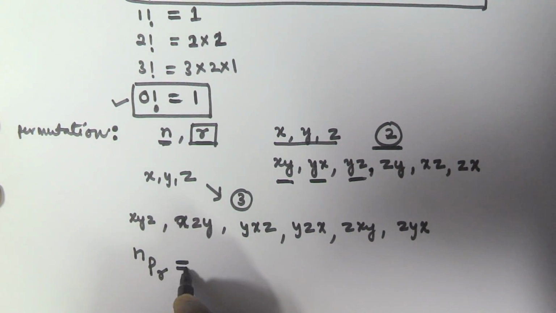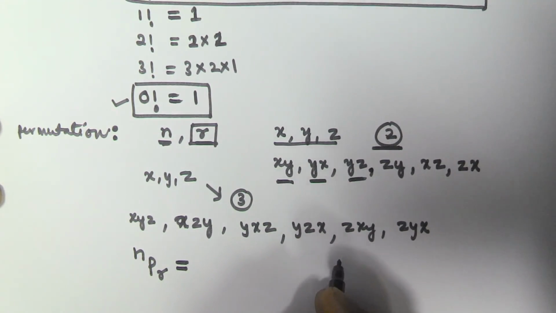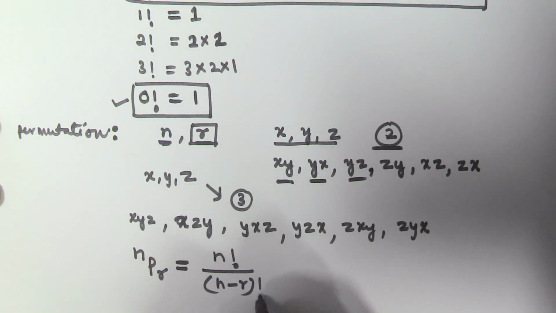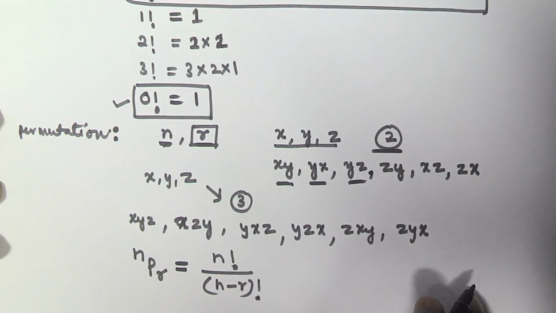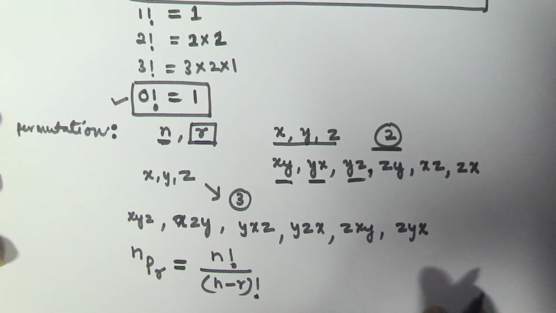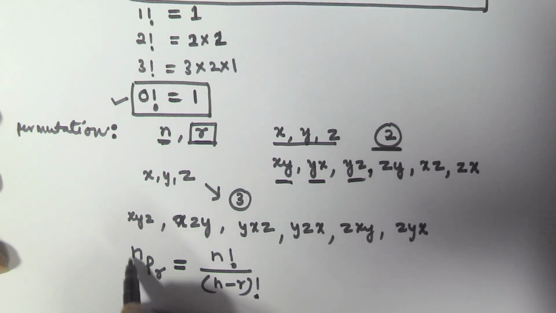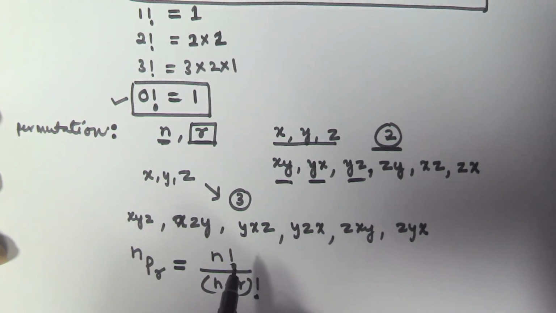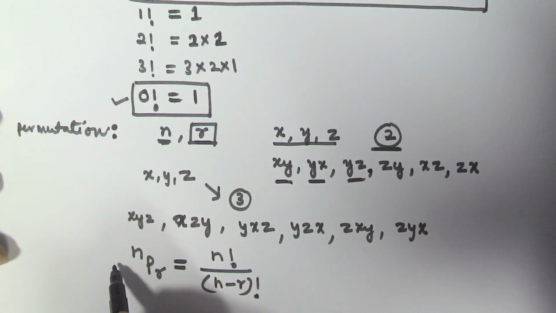The value of nPr is equal to n factorial by n minus r factorial. nPr represents the arrangement of n items, out of which r items are taken at a time.